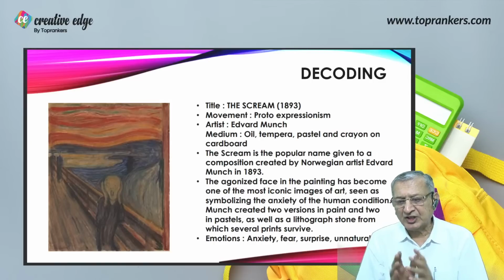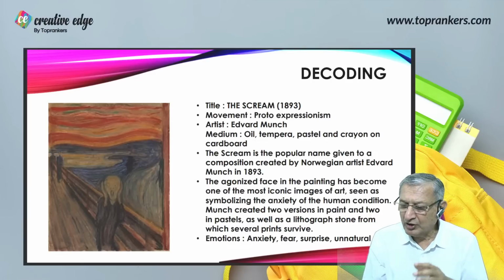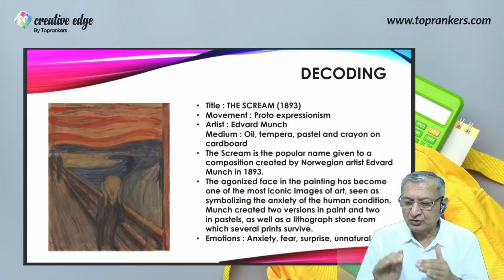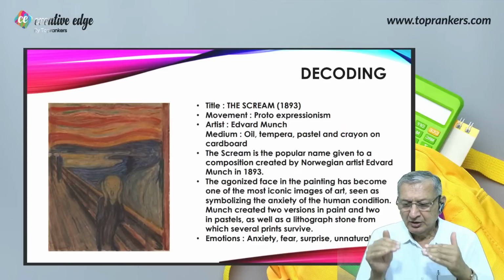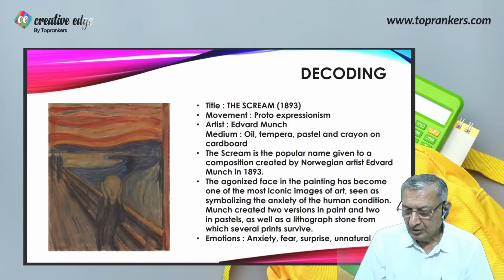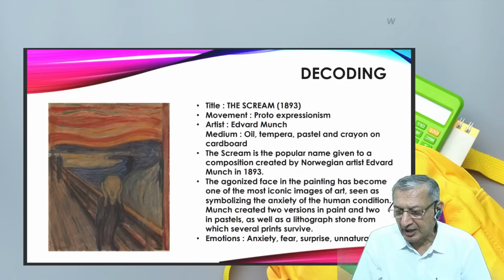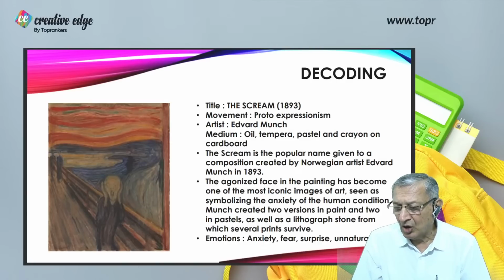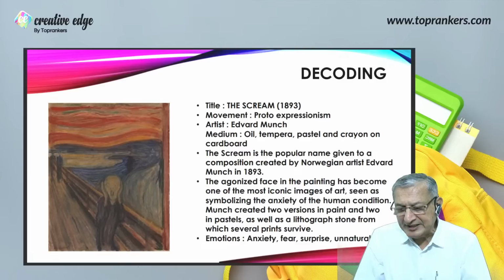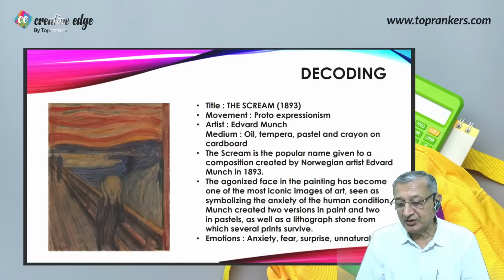Now, in such kind of depiction and decoding, remember what you are expected to do is to make a two-dimension design out of the emotion that you catch from the painting. No matter if you are unable to recognize the artist or the painting details. Although if you can recognize, yes, better.